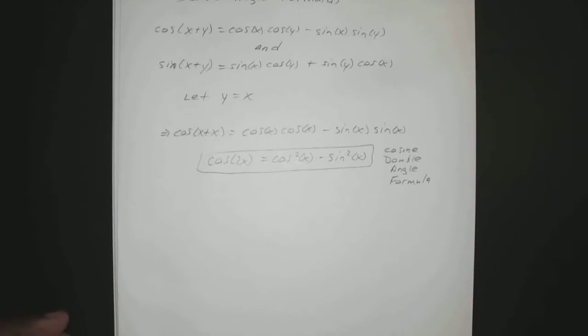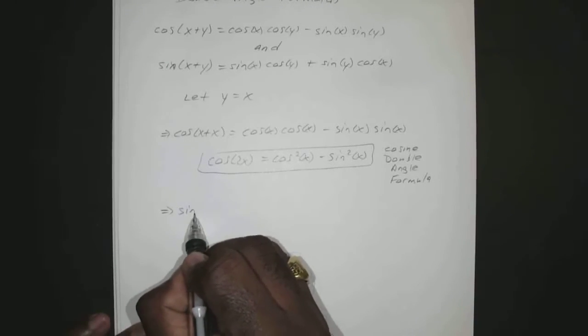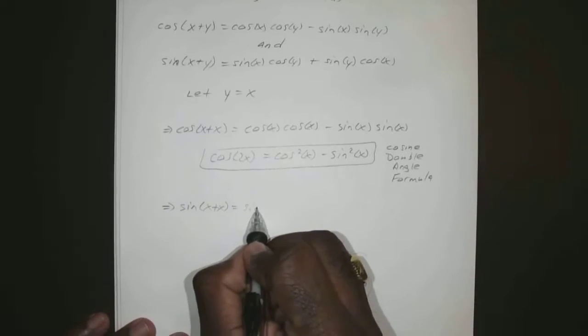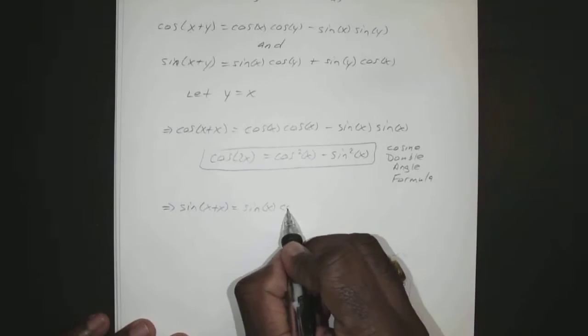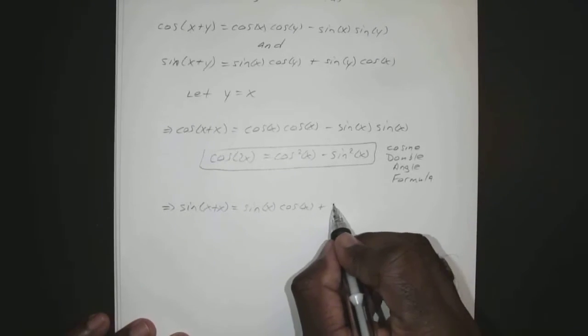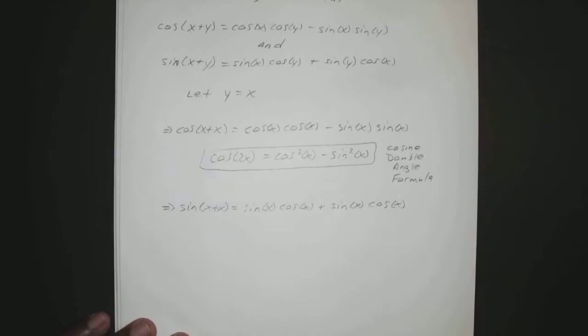Now for sines, we do the same thing. You have sine of x plus x equals sine of x times cosine of x plus sine of x times cosine of x.